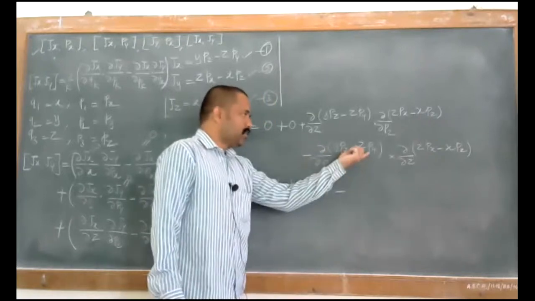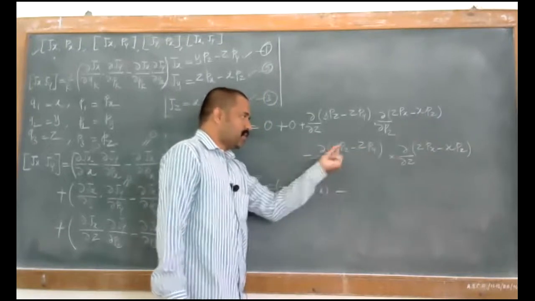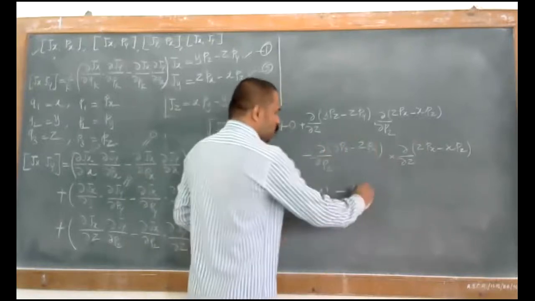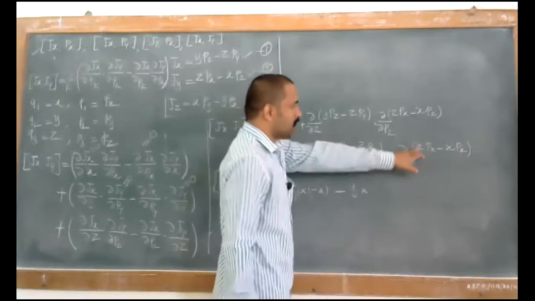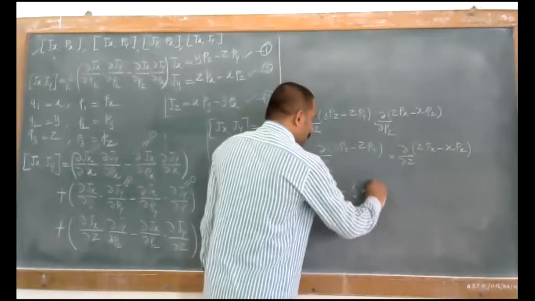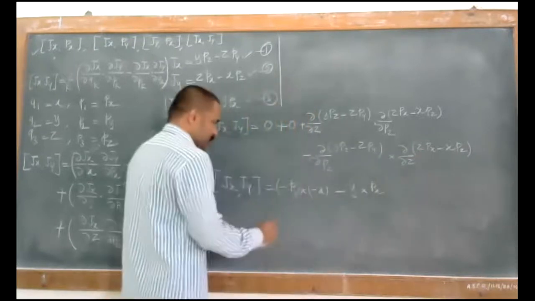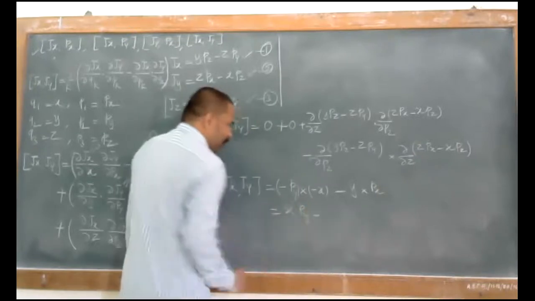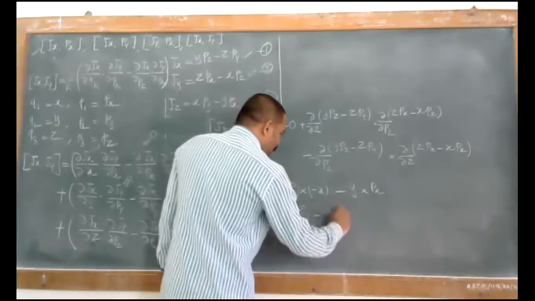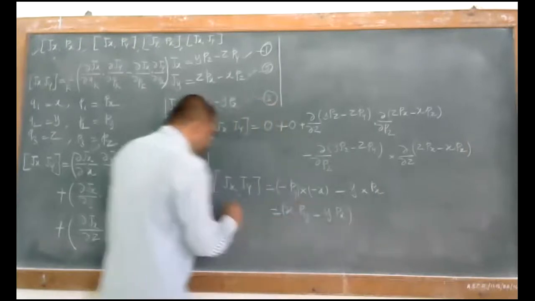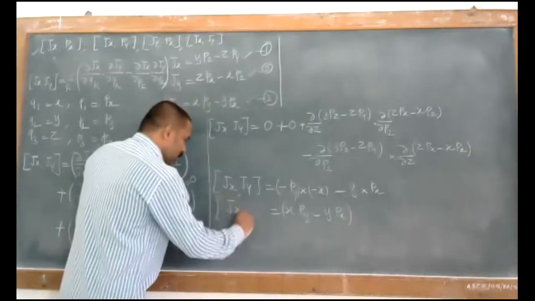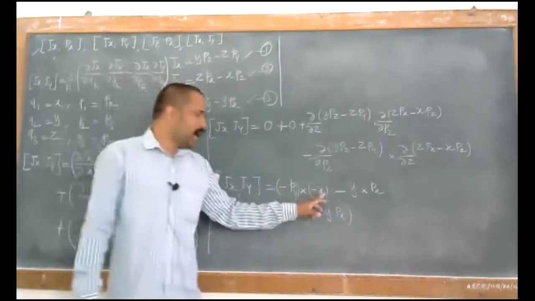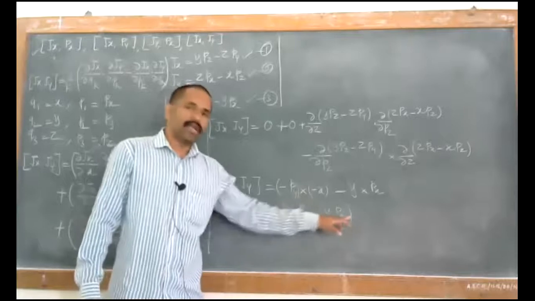This term is differentiated with respect to pz, so only one term remains, that is minus y, and this should get multiplied by px. So the condition is x py minus y px. The value of the Poisson bracket of jx jy has come out as x py minus y px.